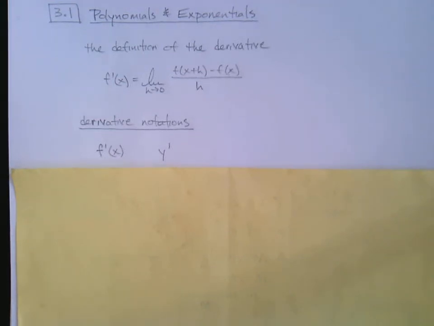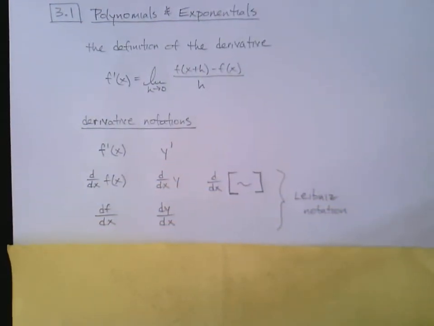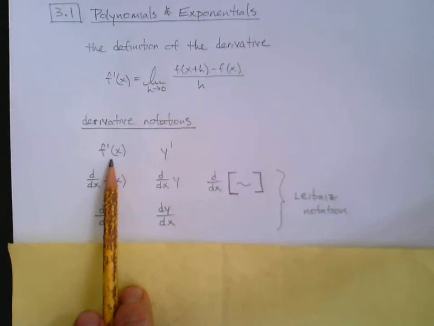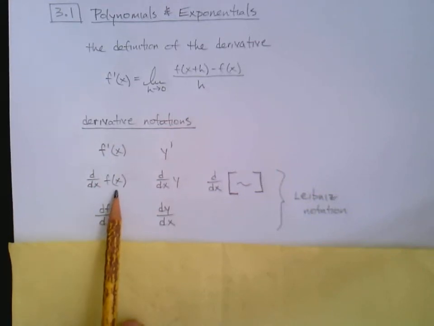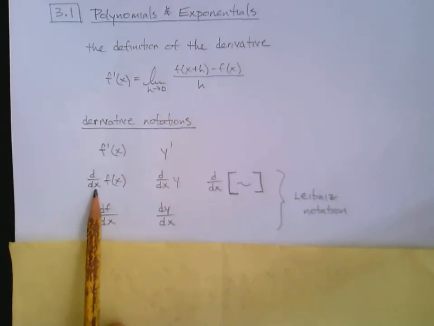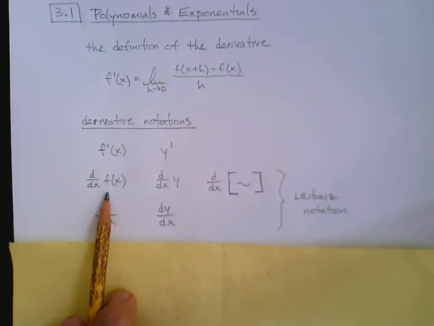But there are even more derivative notations. I'm just going to show you all these here. They all get categorized the same way. I'll speak to that in a moment. So f prime of x: if you want to keep the f of x notation, another way to write the derivative is, in front of f of x, put d over dx, and then f of x next to it. Now this notation is a bit weird.